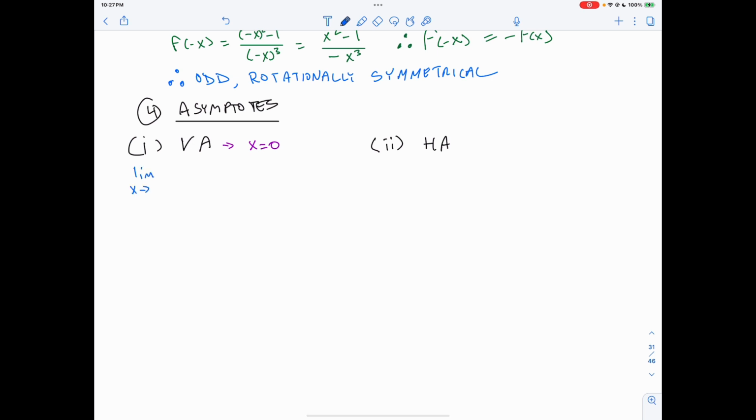Limit as x approaches 0 from the left for x squared minus 1, all divided by x cubed, is going to give me a very small negative number squared minus 1 divided by a very small negative number cubed, which is going to give me positive infinity. So as it's approaching from the left, it's going to shoot up to positive infinity.